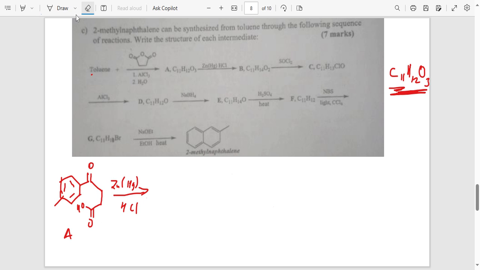Anyone? The one on top. Thank you very much. What functional group is this? Yes, that's correct. It's a carboxylic acid.